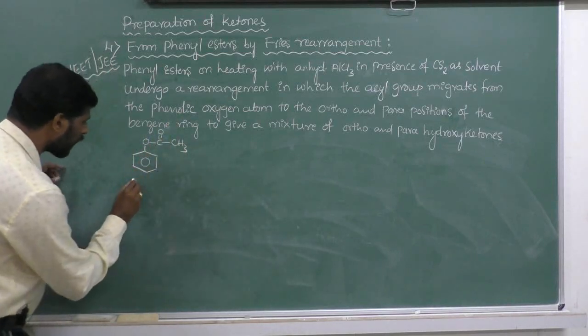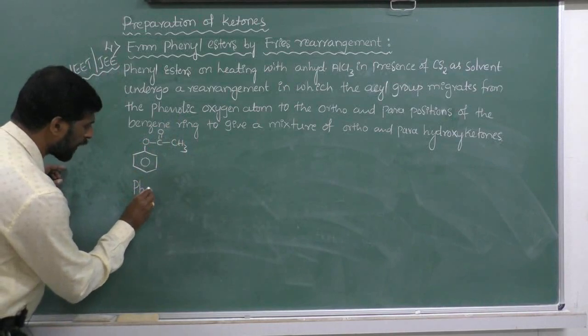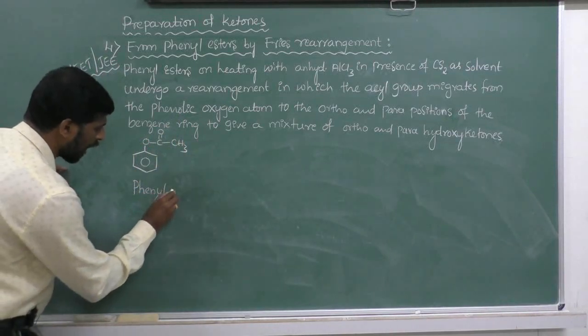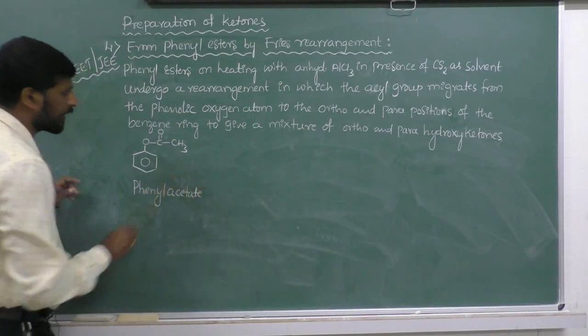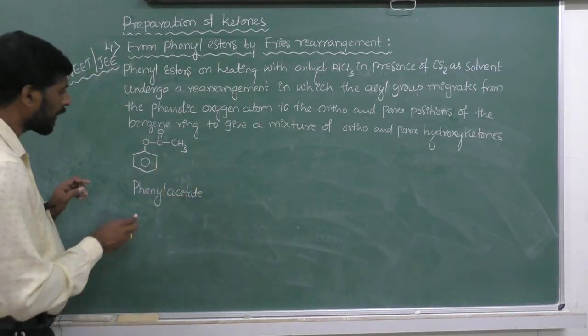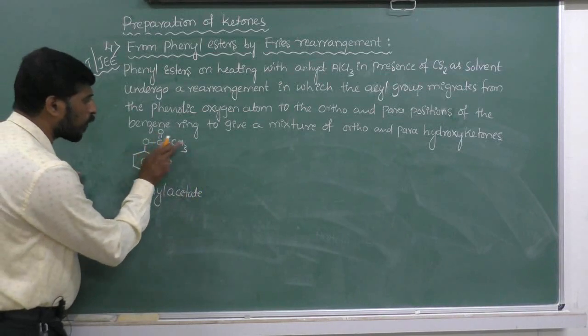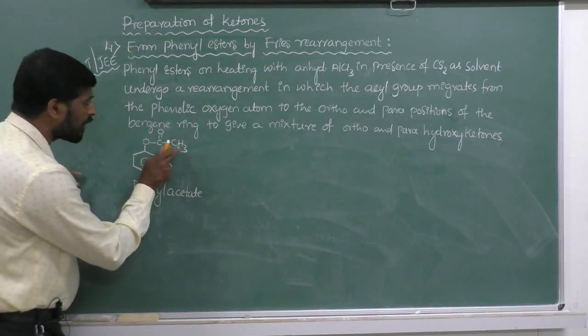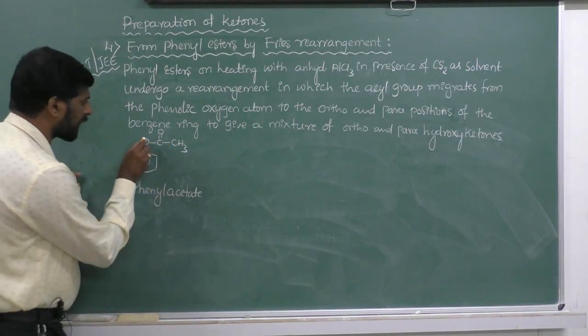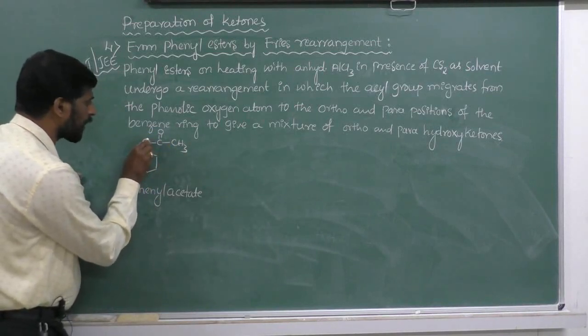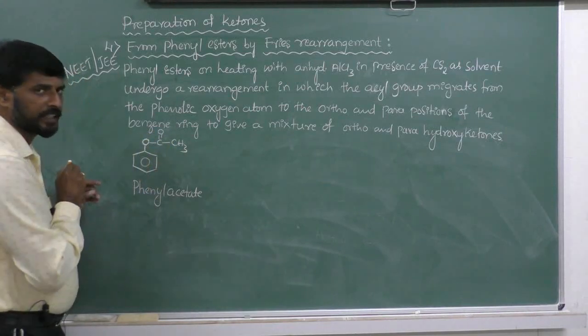What is this compound? This is nothing but phenyl acetate. It is phenyl acetate because CH3CO is an acetyl group. It is attached to a phenolic oxygen, that is, this oxygen is called the phenolic oxygen.